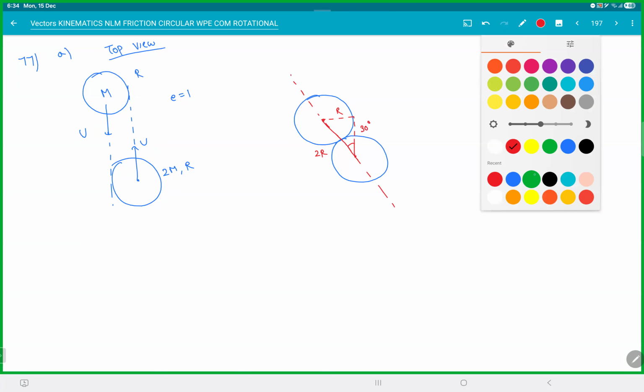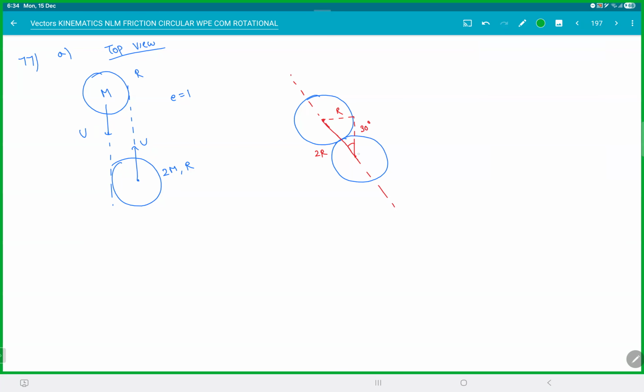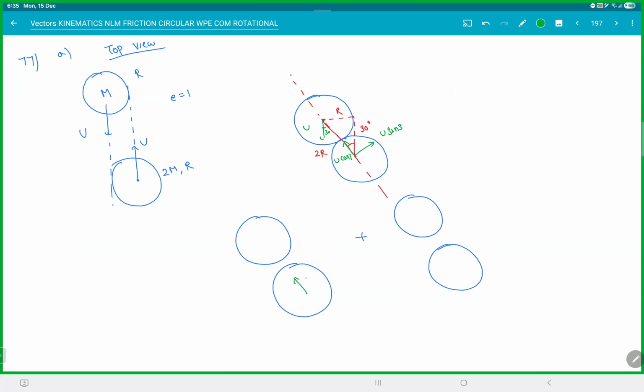Then resolve the velocities along the normal and perpendicular to the normal. This guy will be u sin 30. This guy will be u cos 30. Same thing. This is u. This is 30. So you can split this into two parts. This is going with u cos 30, this is going with u cos 30.